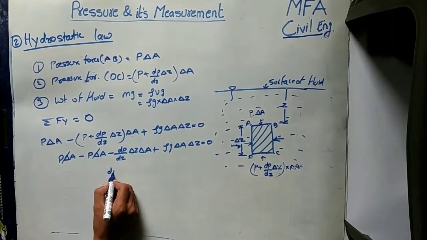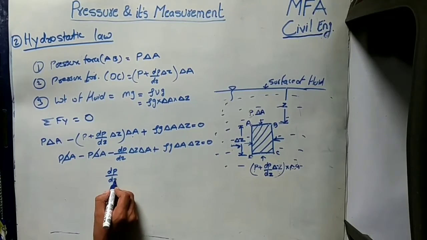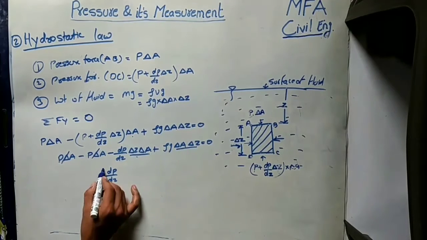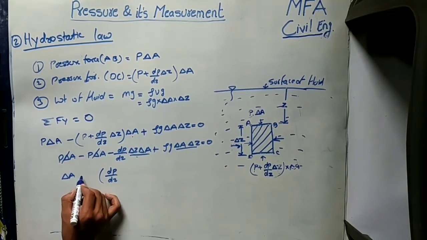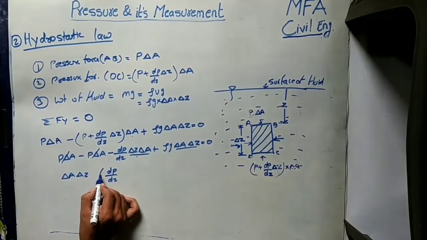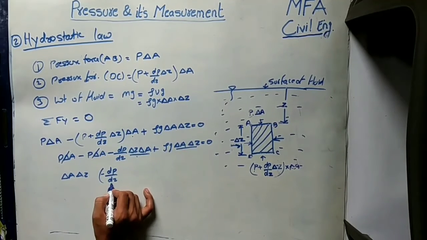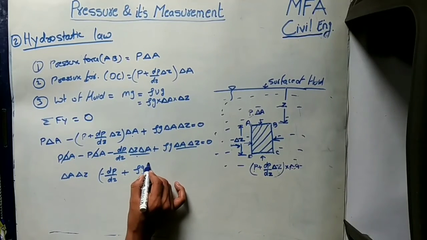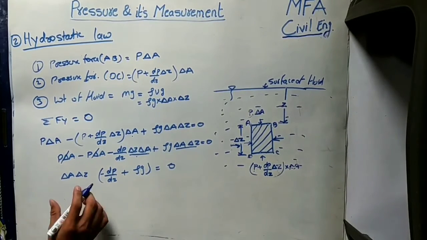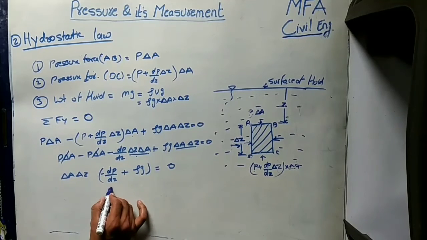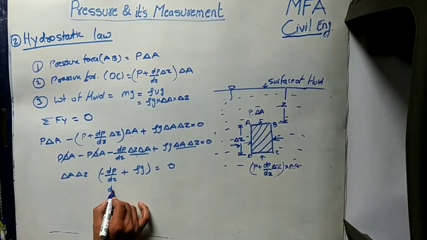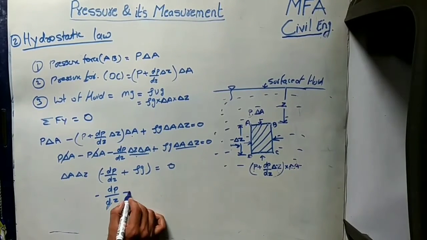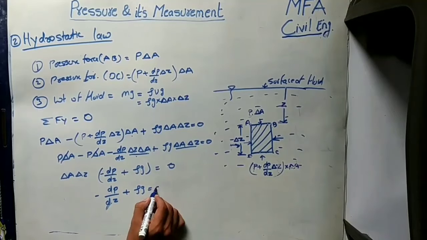Now taking the common terms, delta A into delta Z, the bracket is minus dP upon dz plus rho into g is equal to 0. Now cancelling this term, it becomes dP upon dz plus rho into g is equal to 0.